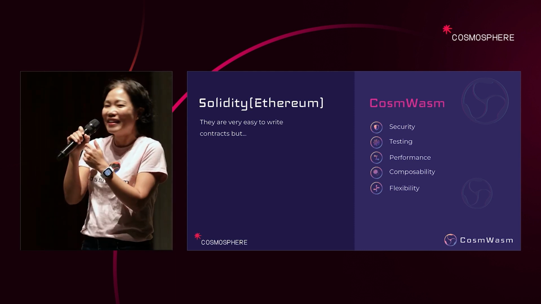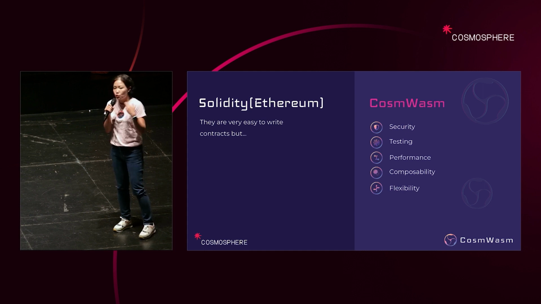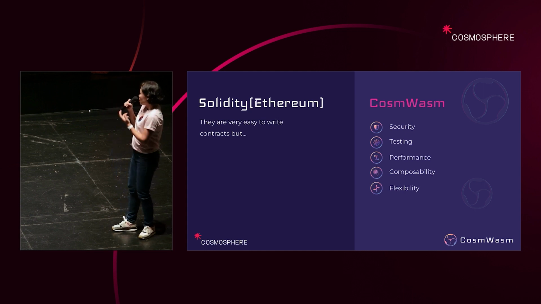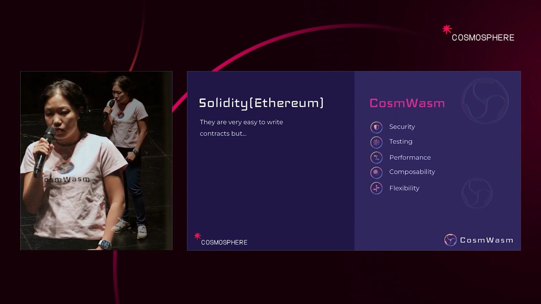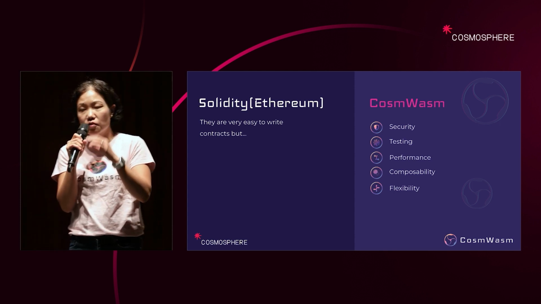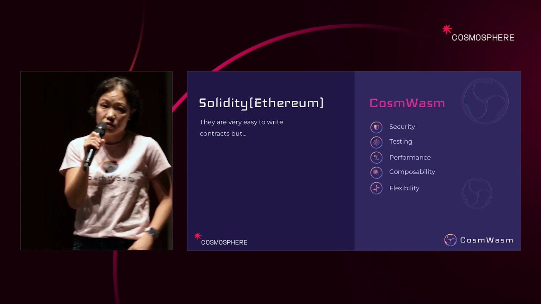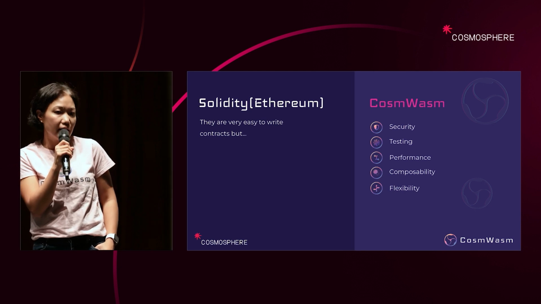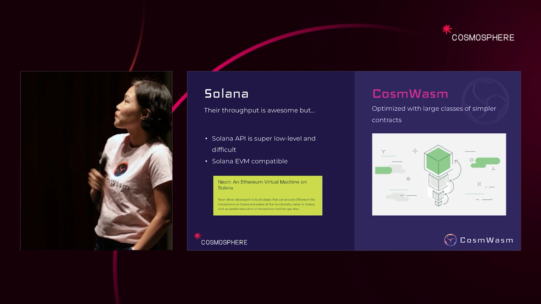And for composability, we offer a similar ability to compose your smart contracts like Ethereum, but with better security support. And flexibility: in Ethereum, it's not possible to write a contract across chains or migrate a project from one chain to another. But CosmWasm is built on Cosmos SDK and IBC, so it provides such power. Next, please.